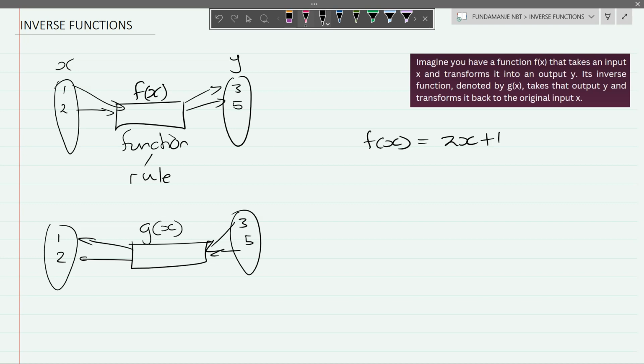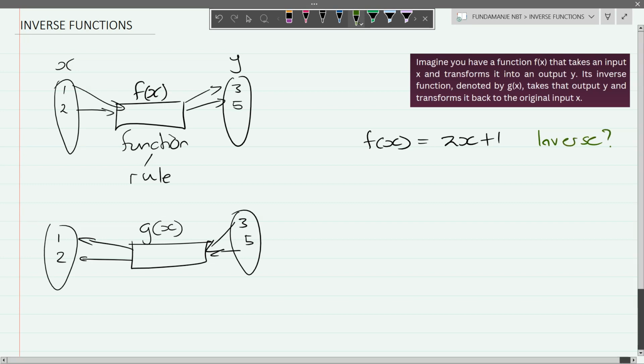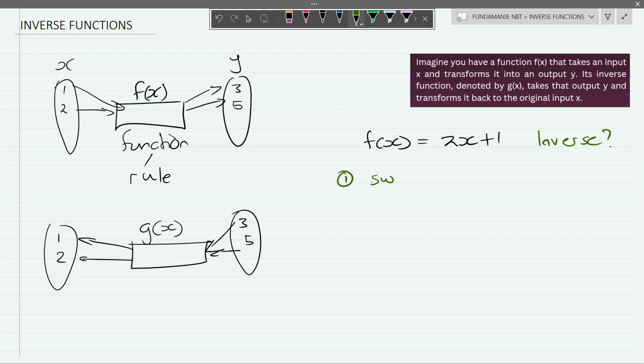First of all, how do we find the inverse of this? What are the steps? Step number 1, swap x and y. So we want to swap x and y. How do we do that? We know that f of x is represented by y.